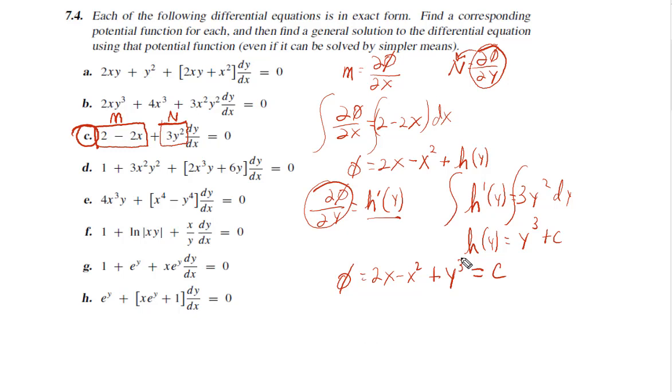Now, since this is a y cubed, we could somewhat recover our y function. So if we subtract things from both sides, we would have c minus 2x plus x squared equals y cubed. And so y then would be the cube root of that.